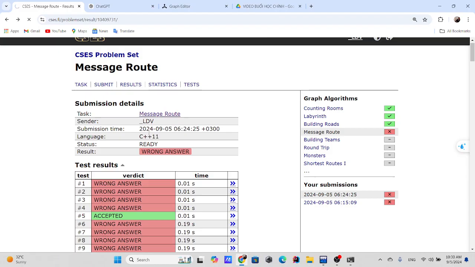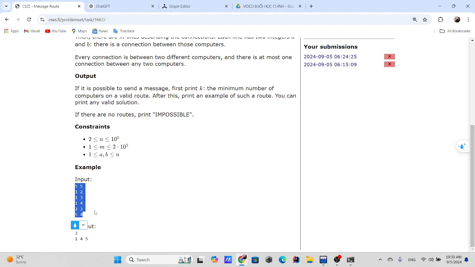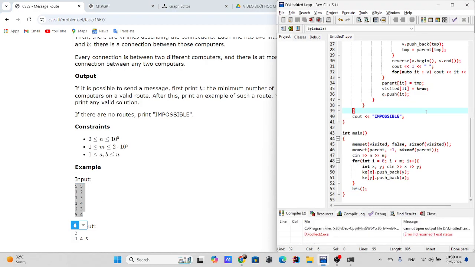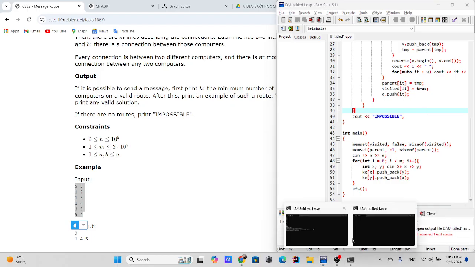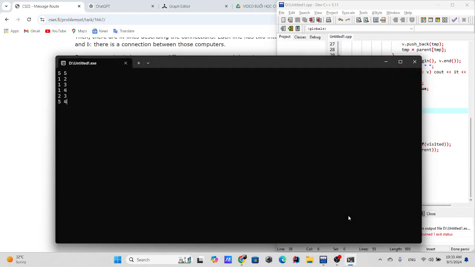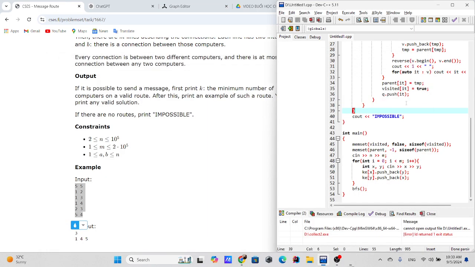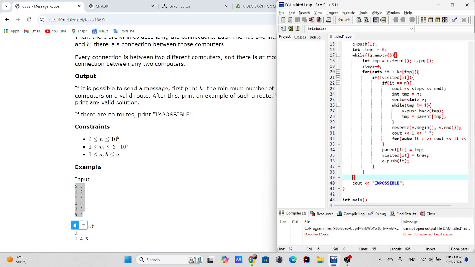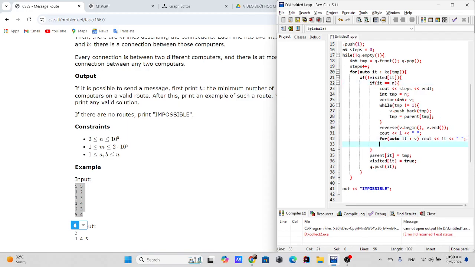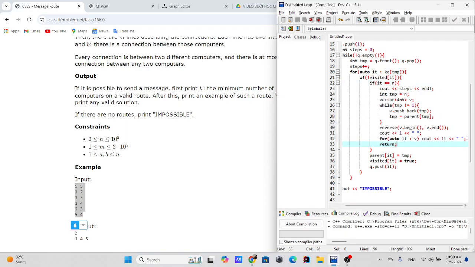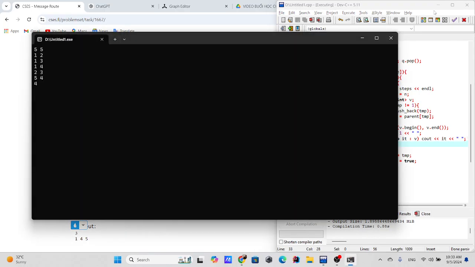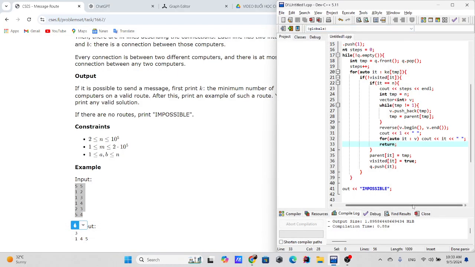Let's check. Oh my god. Ah, shit, no. Current temporaries and, right? All right. Oh, I forgot to return. Nah, without steps.